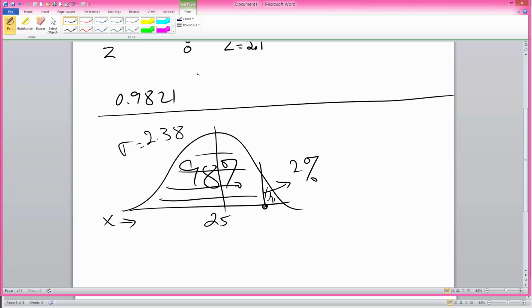Because this is the duration of the project, I can use the same 25 and 2.38, but use the table backwards.